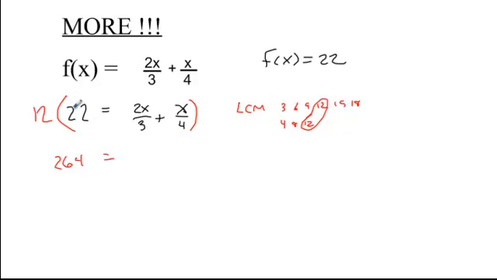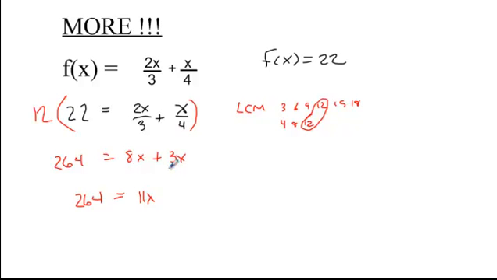We multiply 12 times 2x over 3. Remember, do the division first to make it smaller. 12 divided by 3 is 4. 4 times 2x is 8x. And then finally, 12 divided by 4 is 3. 3 times x is 3x. On the right side, you have like terms. You combine them. 11x equals 264.